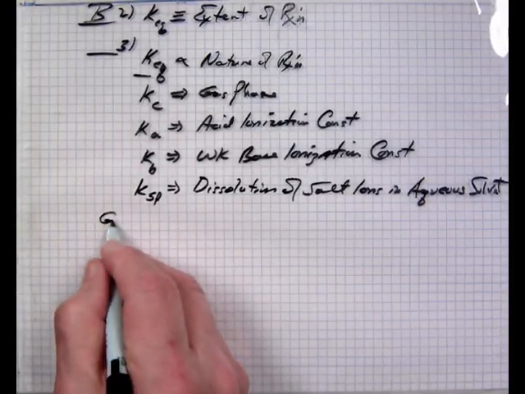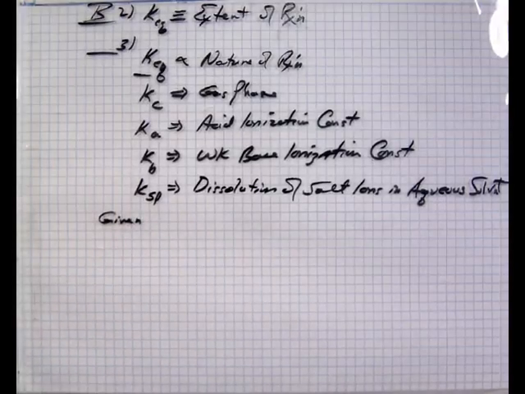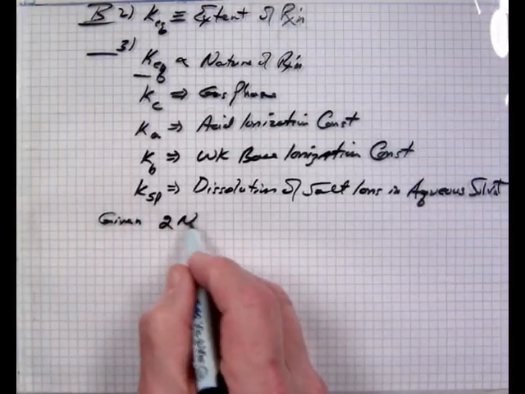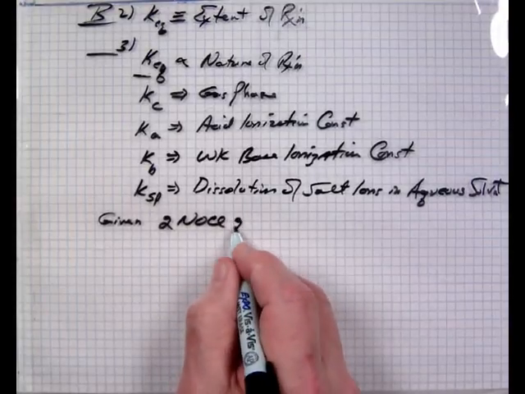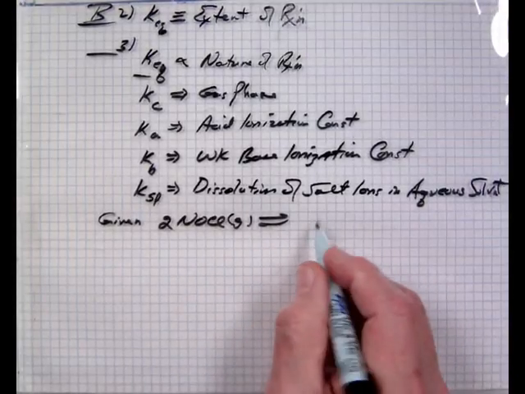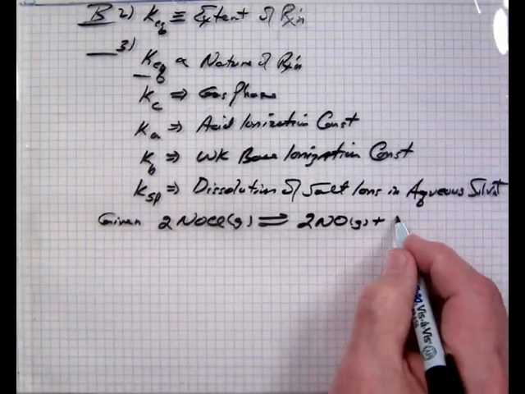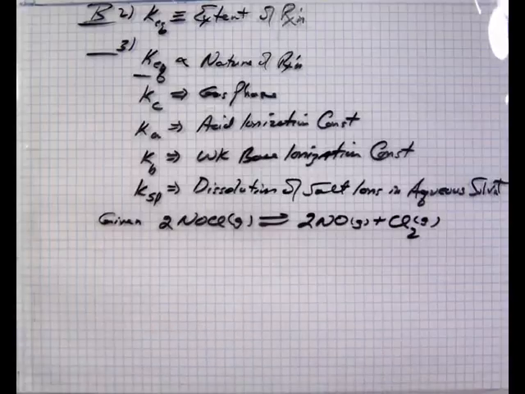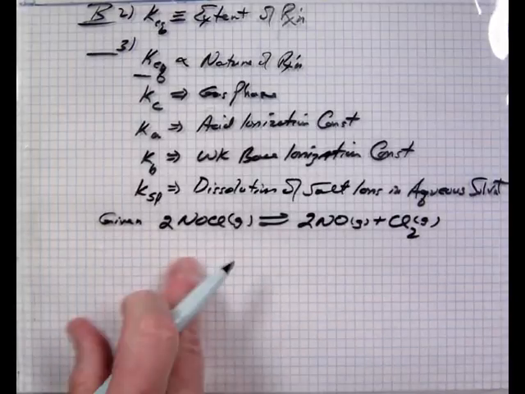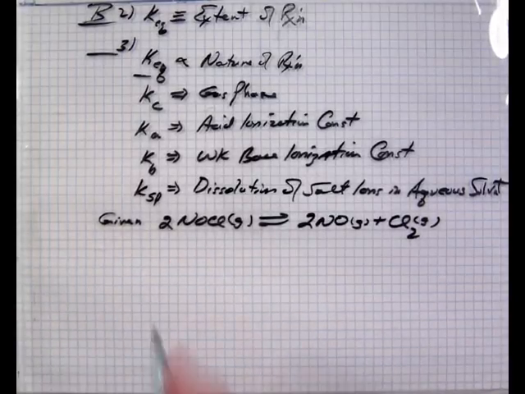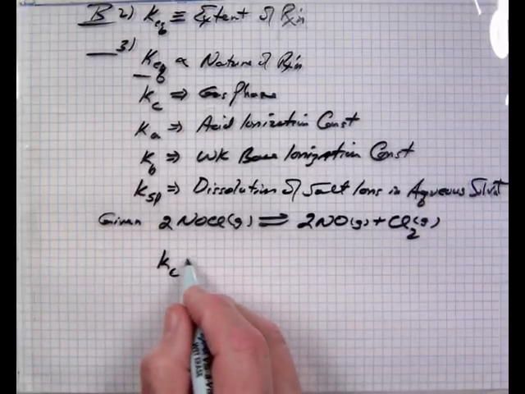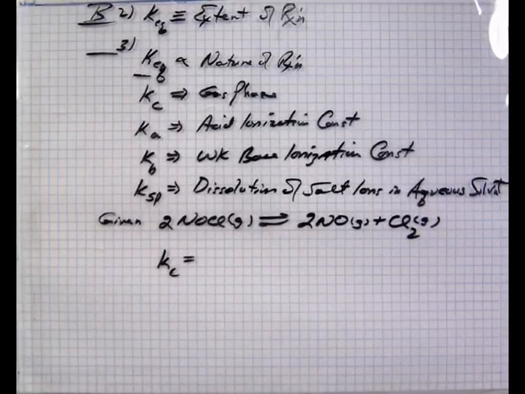Say you're given an equation, nitrosyl chloride as a gas, say is in equilibrium with 2NO as a gas plus Cl2 as a gas, and I ask you what's the equilibrium expression for this, and I told you it's a Kc expression. Kc.